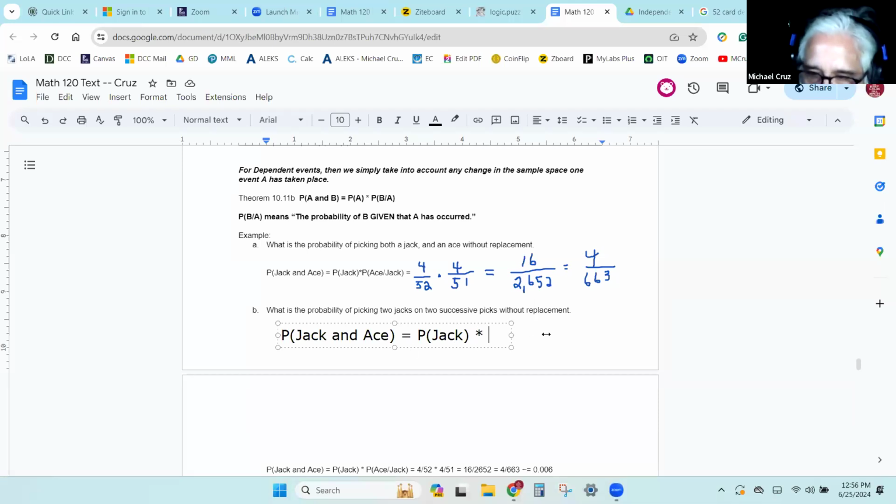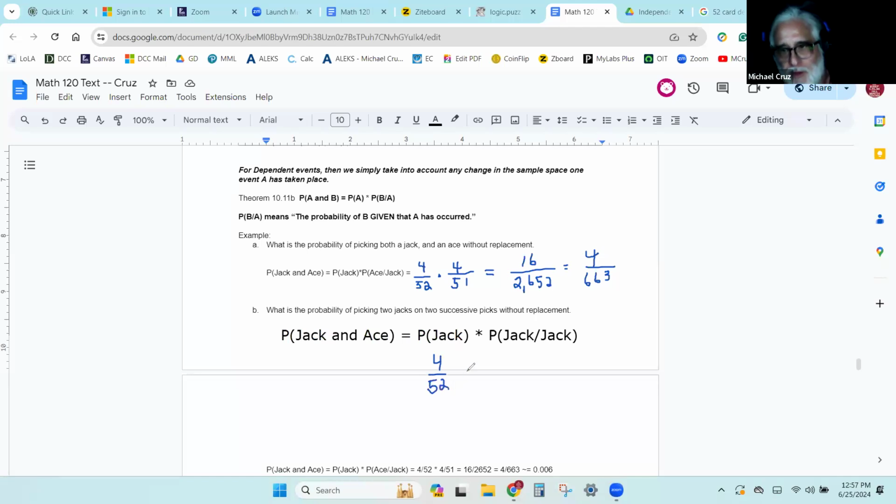And then this one is going to have that funny looking notation, but all that means is that the jack got picked and we've got to account for it. The probability of a jack is the same as it was up at the top, 4 over 52.